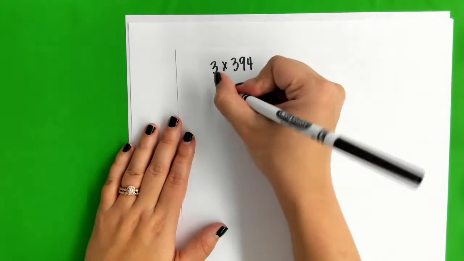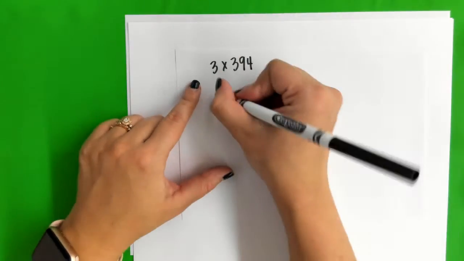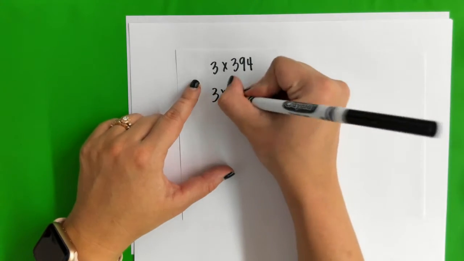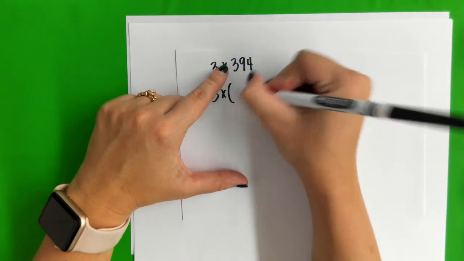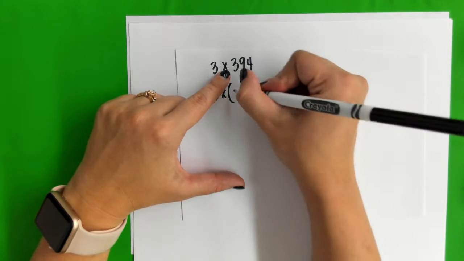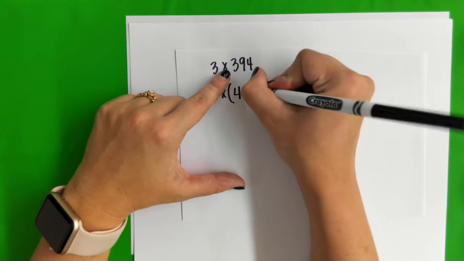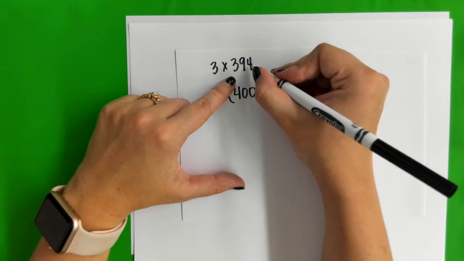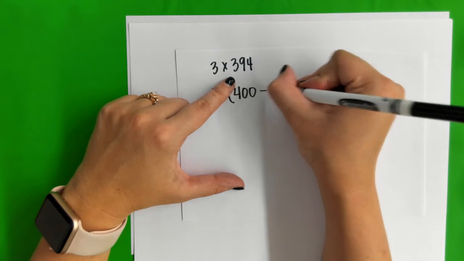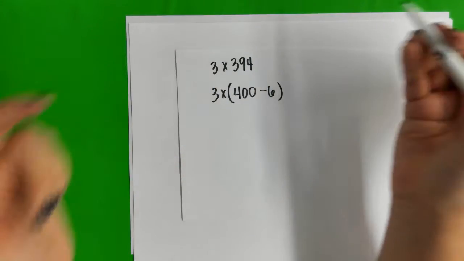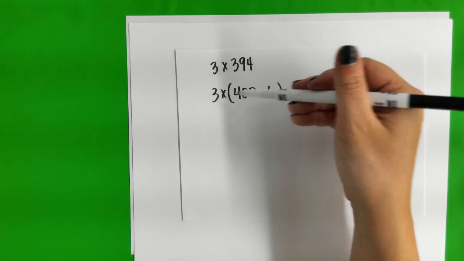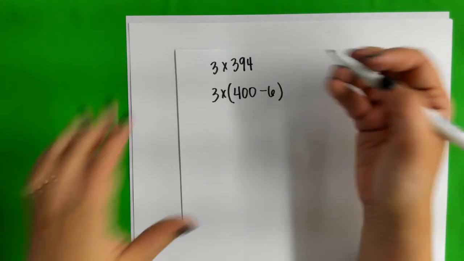Okay? 394 would round up to 400. To get back to 394, we would have to subtract 6. So we could say that it's like 3 times 400 minus 6.